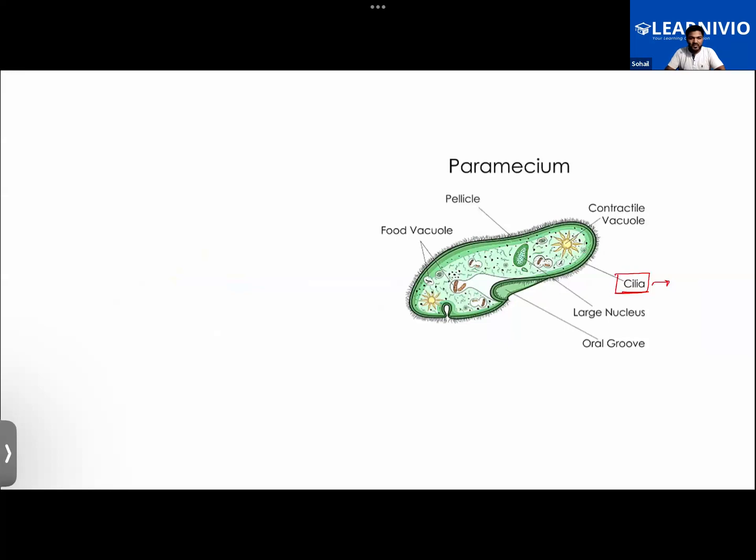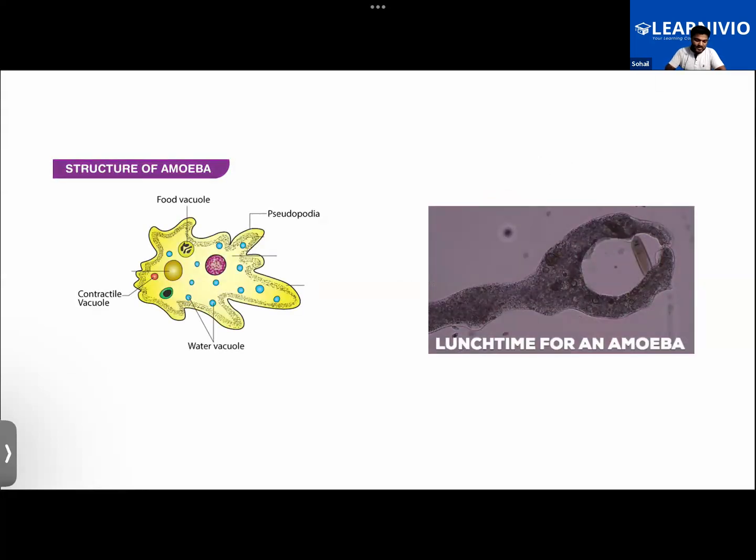They are heterotrophic in nature, and we say that they are animal-like organisms. Another reason is that they have leg-like structures that help them in locomotion, in moving from one place to another, like cilia found in paramecium, or false feet called pseudopodia found in the amoeba.